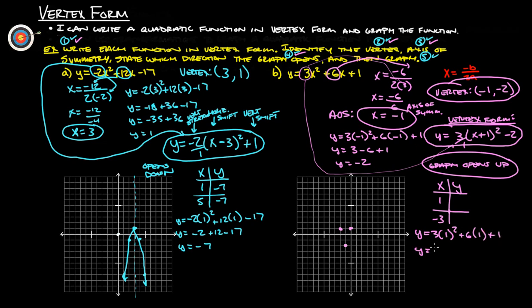So 1 squared is 1 times 3 is 3. 6 times 1 is 6 plus 1. So we get y equals 3 plus 6 plus 1 gives us 10. So that's going to be 10, and negative 3 is also going to be at 10. So 1's at 10, negative 3 is also at 10, and now we can sketch our graph.